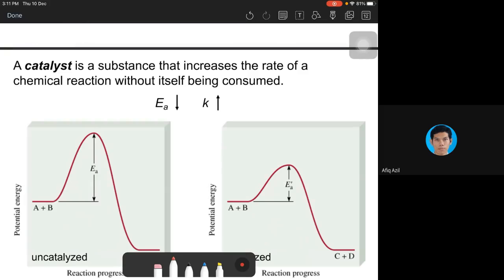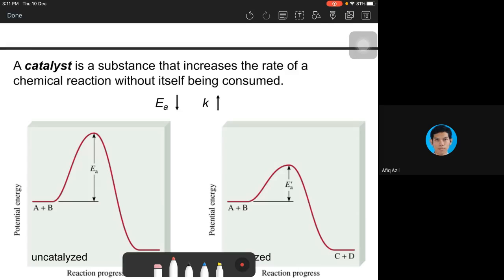And to the last part of the unit, which is the catalyst. So a catalyst is a substance that is added to a particular reaction to increase the rate of a chemical reaction without itself being consumed.